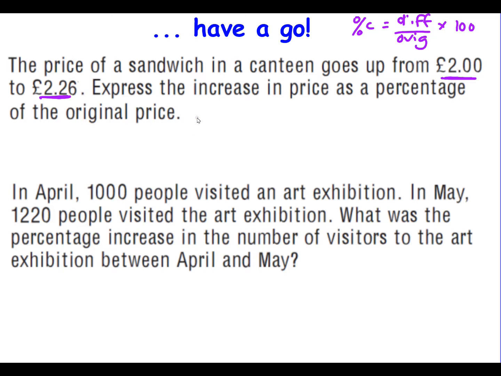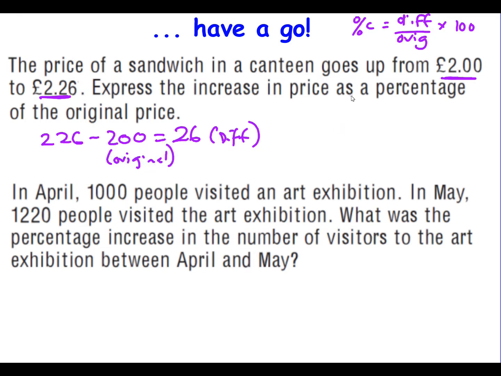So the first thing we need to do is look at the two amounts. So I've got 226 pence for the new amount and I've got £2 as my original amount. So it's gone up 26 pence. So this is the difference. And the £2 is the original.